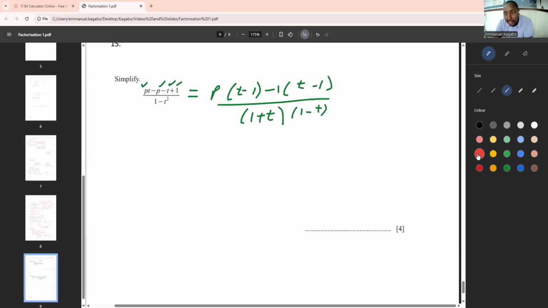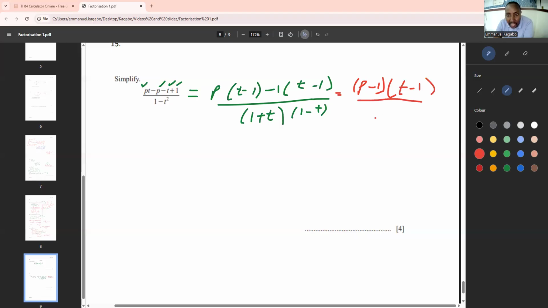Now, when you reach here, what do you see? This is exactly the same as this. They're going to cancel out. Oh, sorry, not yet. On the next line, I haven't finished factorizing. So it's going to be p minus 1, bracket t minus 1.